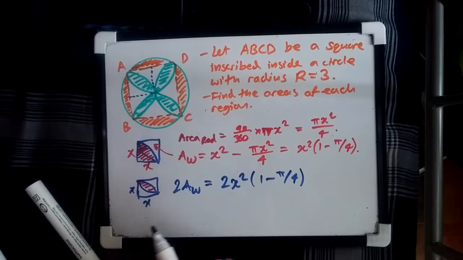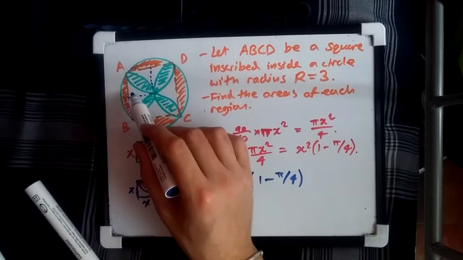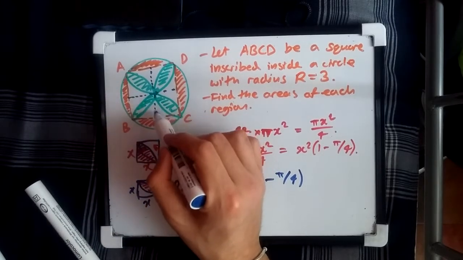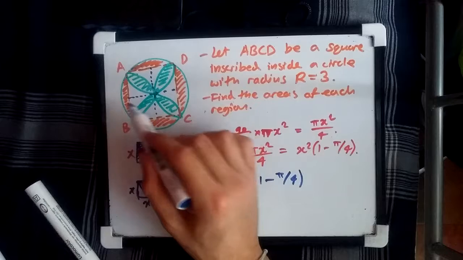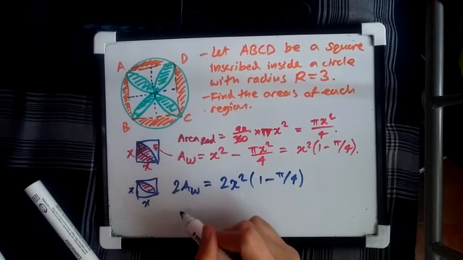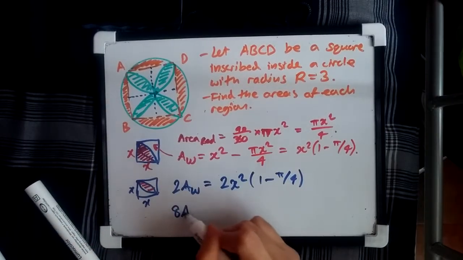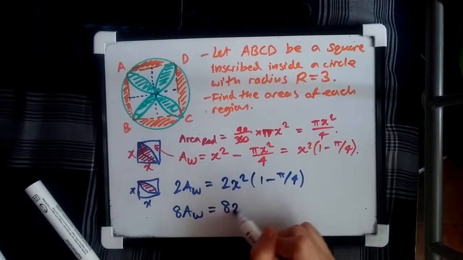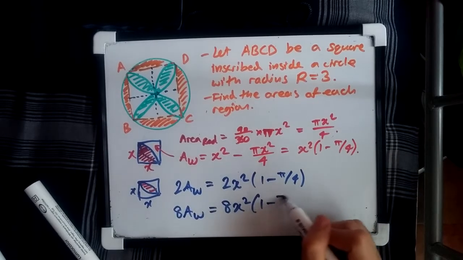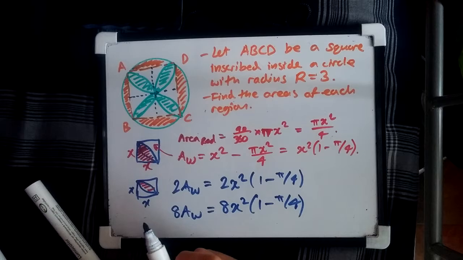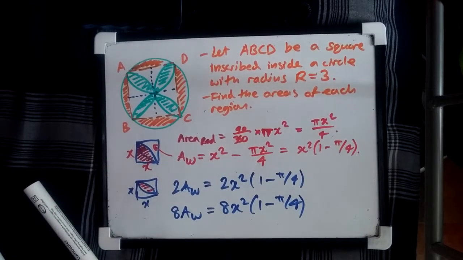Referring back to this shape, notice we have 8 quadrants of white areas: 1, 2, 3, 4, 5, 6, 7, 8. Using our equation, we can call this part 8AW, and this summarizes to 8x squared times (1 minus pi over 4). Easy, isn't it? So now we've calculated that part.